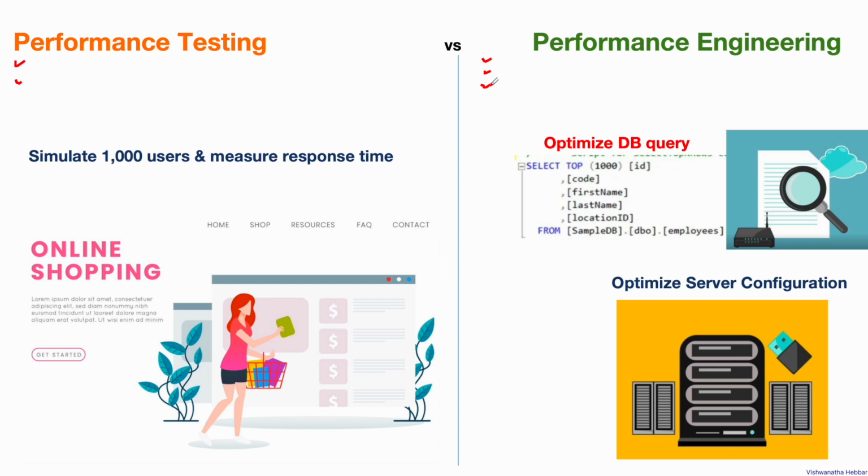We try to optimize the system in each phase such as design and maintenance. For performance testing, we use tools like JMeter, LoadRunner, Gatling to simulate the user load. But for performance engineering, we will be using profilers, debuggers, thread and heap dump analysis tools, and monitoring tools.